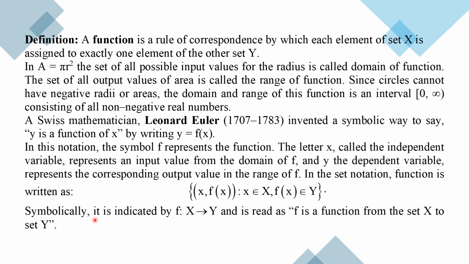Symbolically it is also indicated by f from X to Y, meaning X is the domain and Y is the codomain, and the range belongs to this codomain. It is read as f is a function from the set X to the set Y.